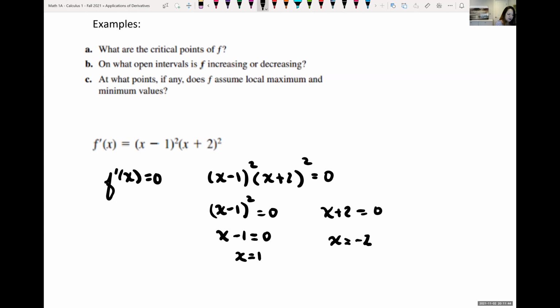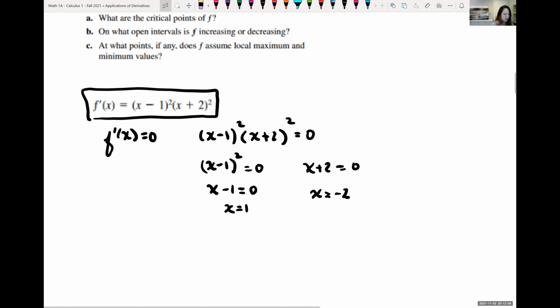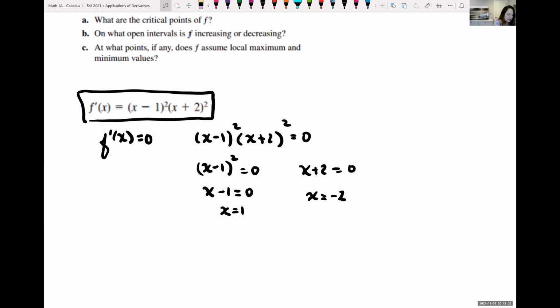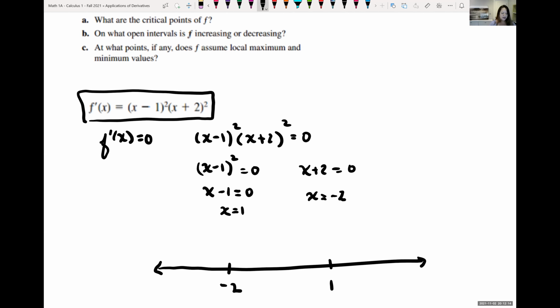Notice that our derivative function is never undefined, so we're okay in that aspect. Normally once I find my critical values, I put those on the number line and test values back into the derivative function. Smallest to largest, I have -2 and 1 as my critical values, so there are 3 different intervals that we're testing.